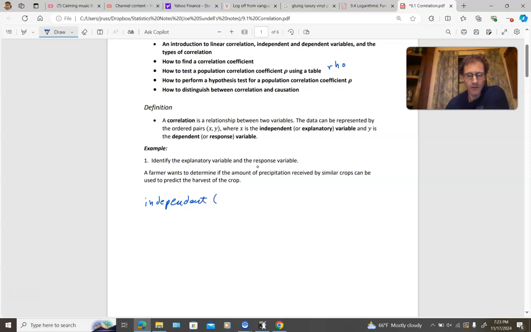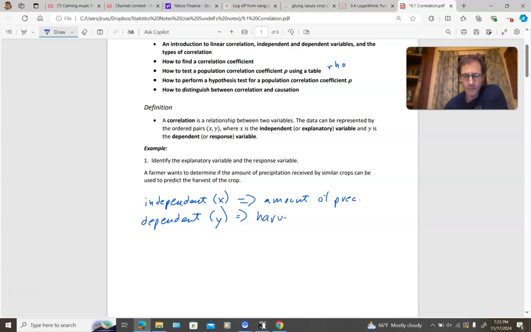So the independent variable, which typically we use x to denote, would be the amount of precipitation. I'm just going to abbreviate here. And then the dependent variable, okay, y in this example, is going to be the actual harvest, okay?